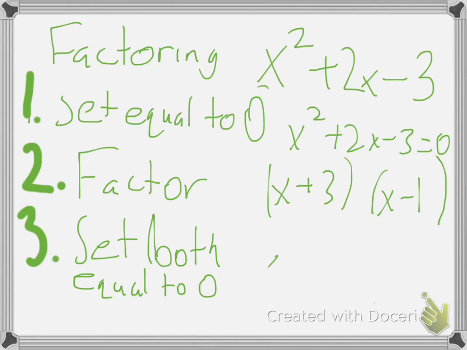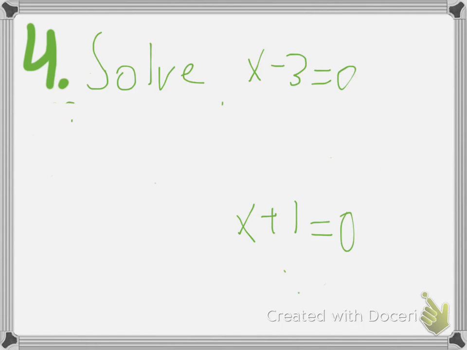After this, you have to set both factors equal to 0. So you have x plus 3 equals 0 and x minus 1 equals 0. After you've done this, you solve.